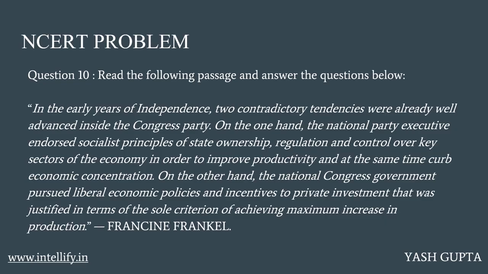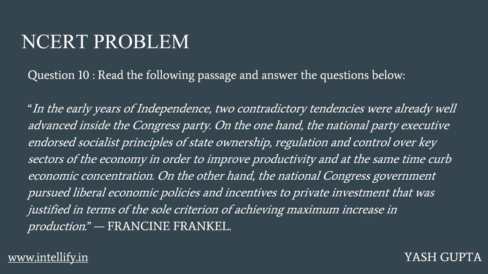Question 10 says, read the following passage and answer the questions below. The passage reads, in the early years of independence, two contradictory tendencies were already well advanced inside the Congress party. On the one hand, the National Party executive endorsed socialist principles of state ownership, regulation, and control over key sectors of the economy in order to improve productivity and at the same time curb economic concentration.